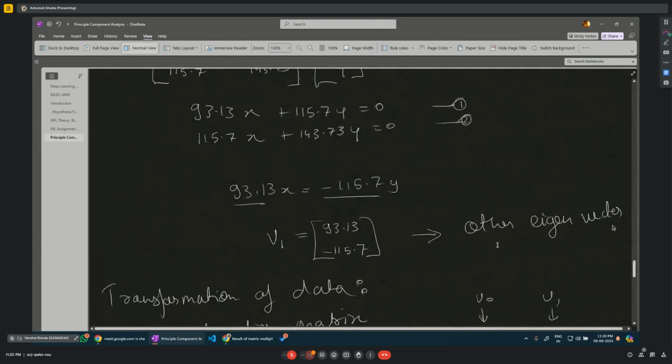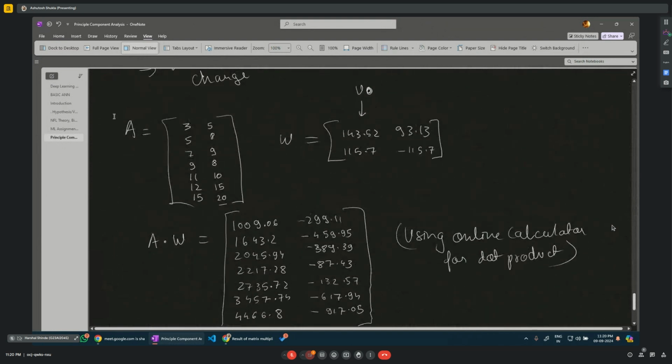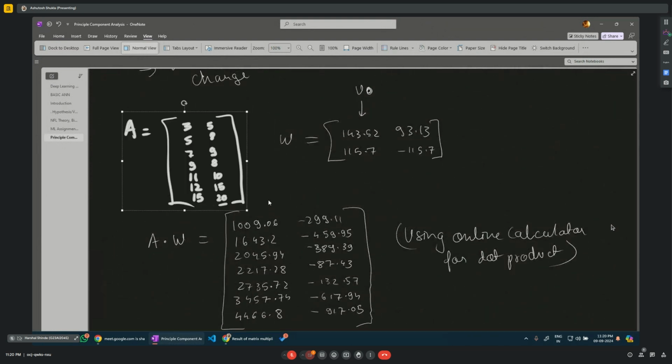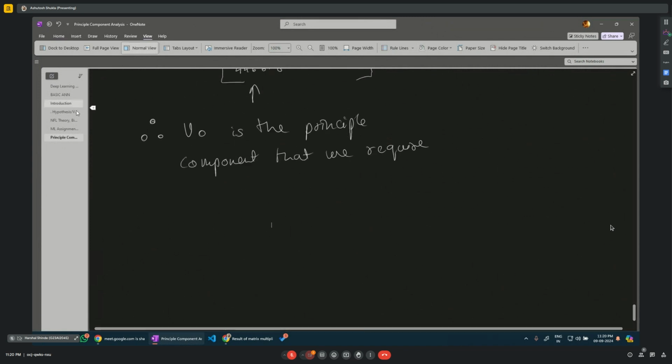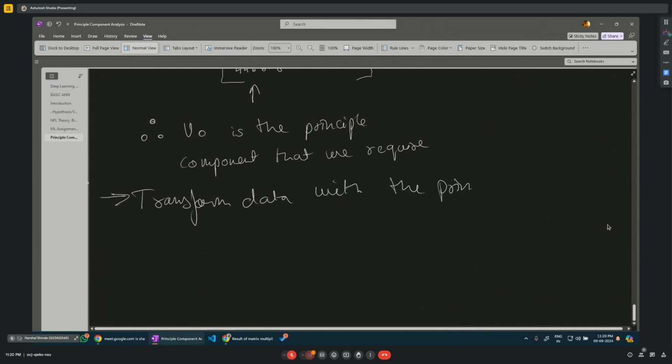Now this one is easy. We just take this matrix A and copy that. So now the last step: transform data with the principal component.